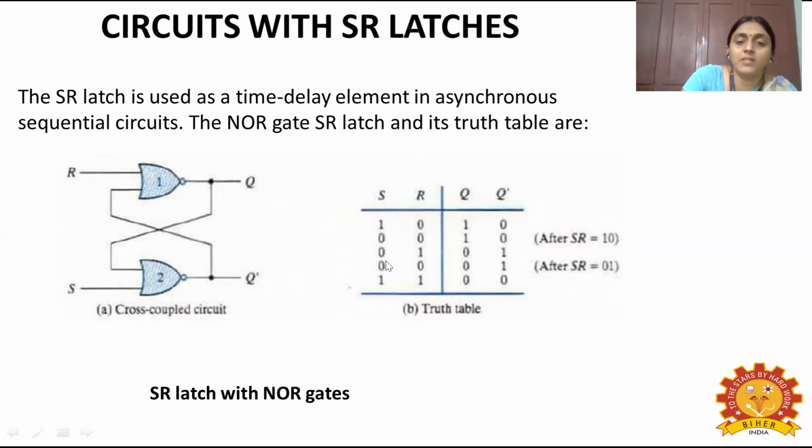And when S and R values become 0 and 1, then Q and Q dash values become 0 and 1. When S and R now change to 0 and 0, the next state values remain the same, 0 and 1. And when S and R values are 1 and 1, then Q and Q dash values will become 0, 0.